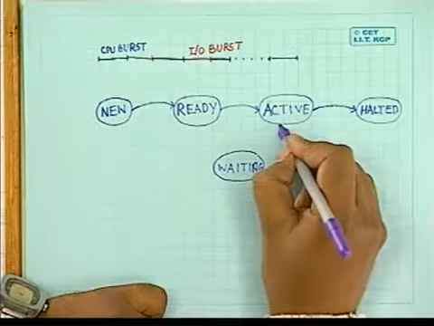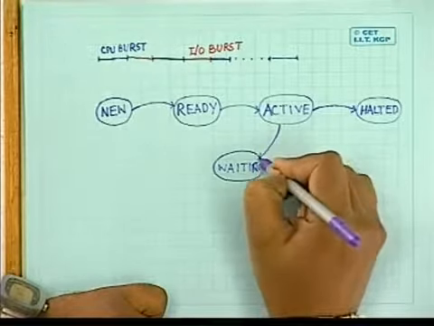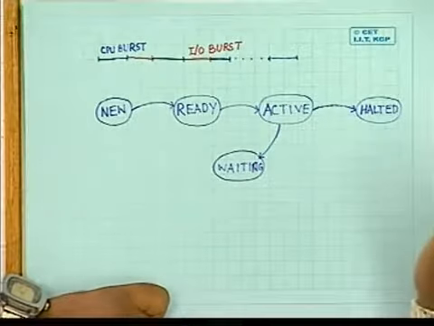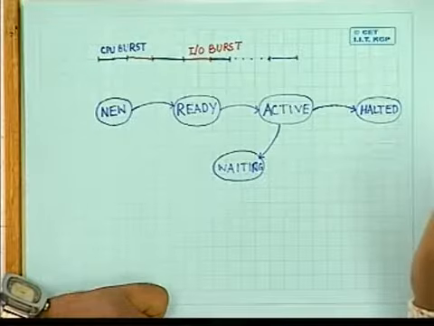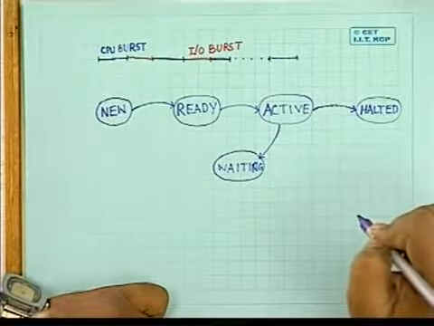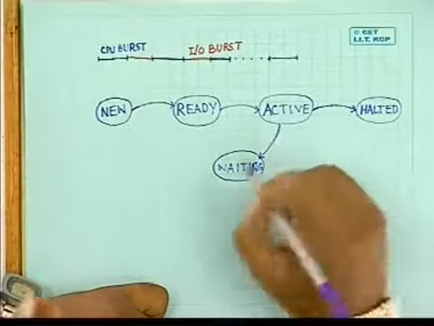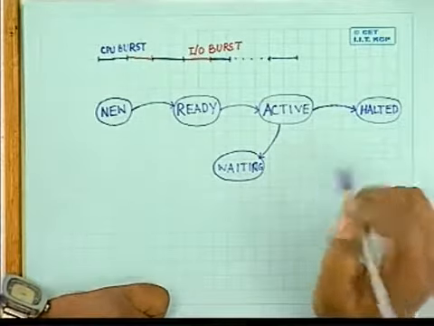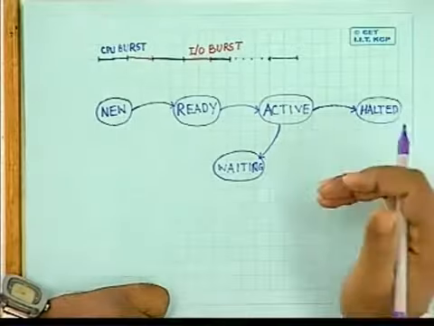So from active state, the job or the process moves into a waiting state when the CPU is released, that is, CPU is free. Now, this time of the CPU can be utilized for execution of CPU burst of another job.